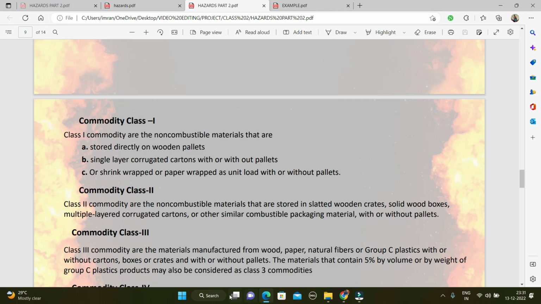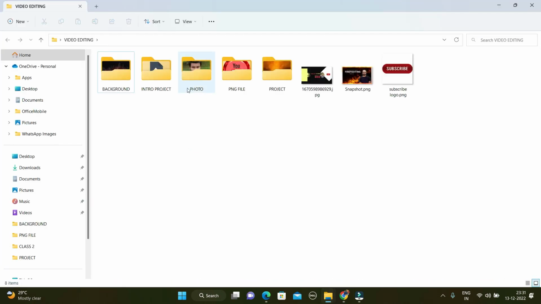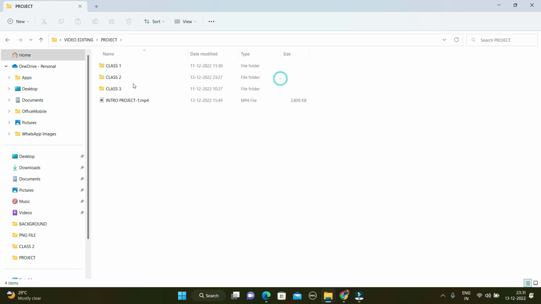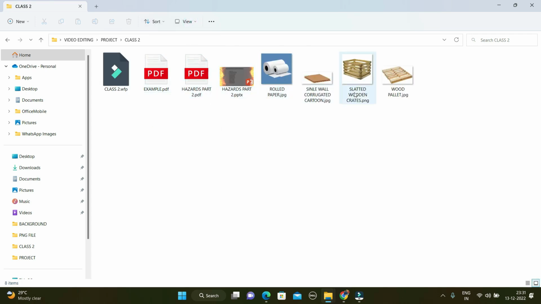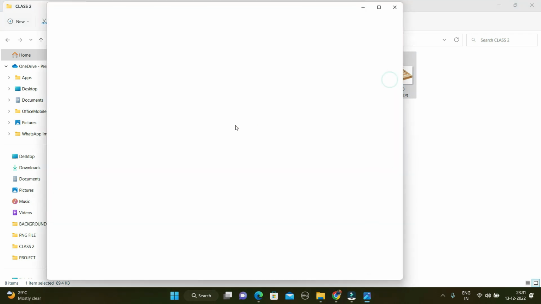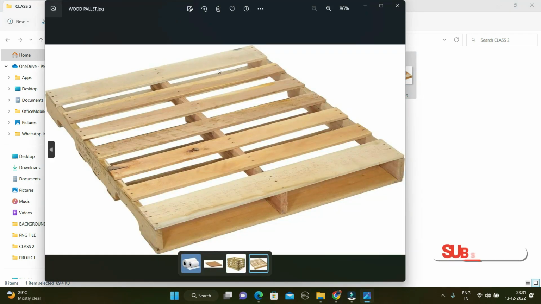You already know about wooden pallets. If we see any materials in our daily life, and also mostly in industrial lines, mostly we place the material on pallets.